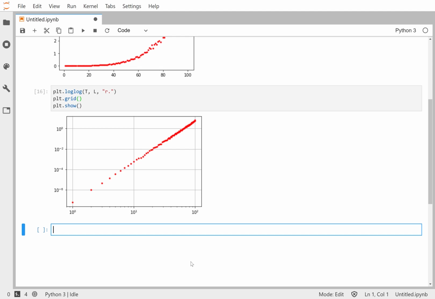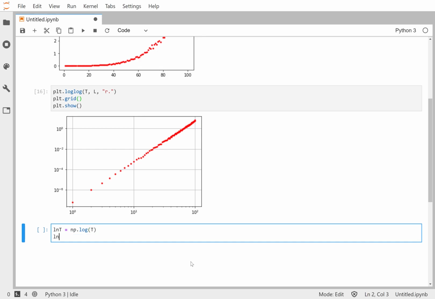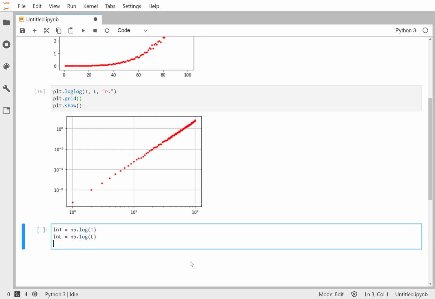So to go along with what we did by hand just a little while ago, we want to take the logarithm of our data. So natural log of t is literally the log of t. Natural log of the luminosity will be log L. And then we can do a polyfit. So we're going to have, in this case, B and the natural log of A come out of this.